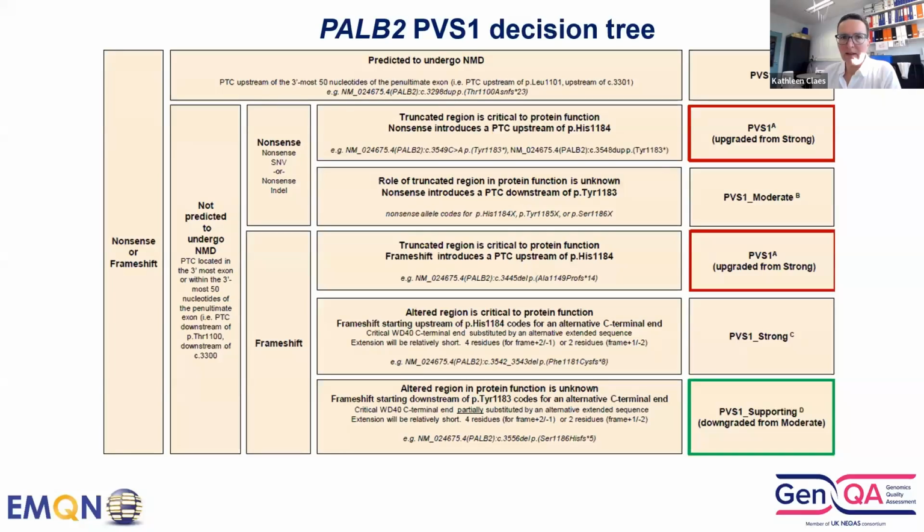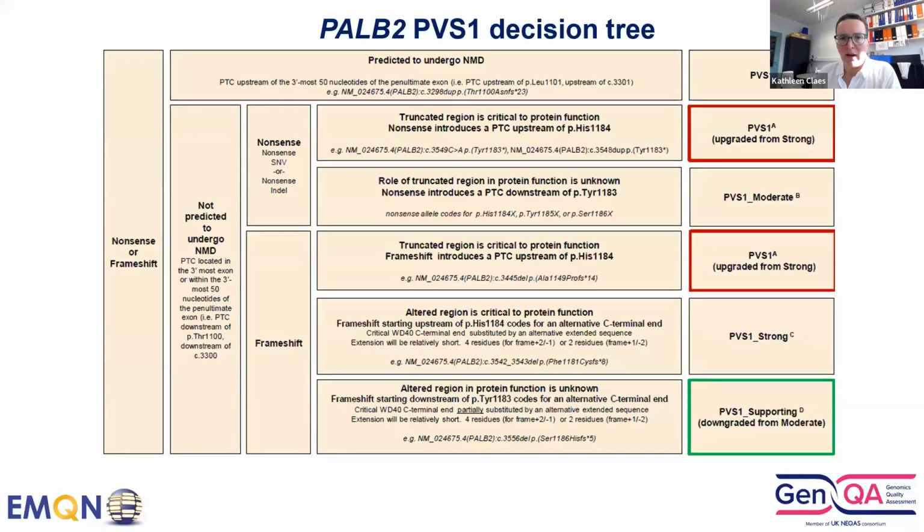So in the guidelines for PALB2, there is a nice overview of the PVS1 decision tree. If you have a nonsense or frameshift variant that is not predicted to undergo NMD, there are some options.